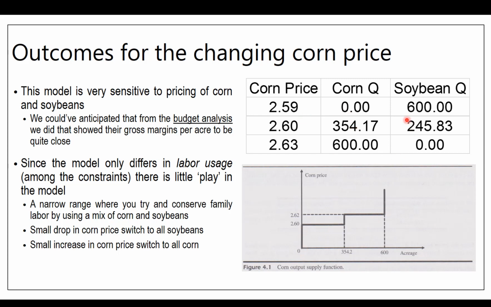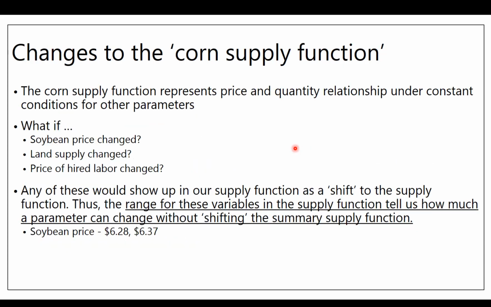That is our supply schedule. And then up here you see that we're tracking the soybean quantity at the same time. Everything that isn't planted to corn goes to soybeans. Soybeans is reduced when the corn price moves up. Soybeans reduced further. In fact, we're not planting any when the corn price gets to this trigger point, 263. So anything above there, that's all we're doing.